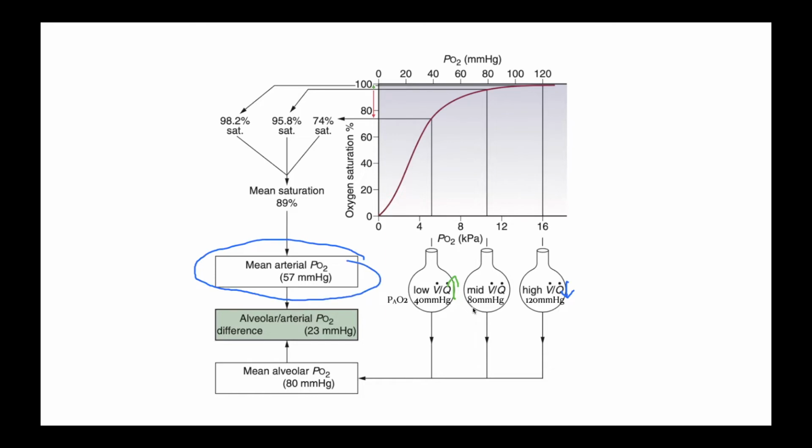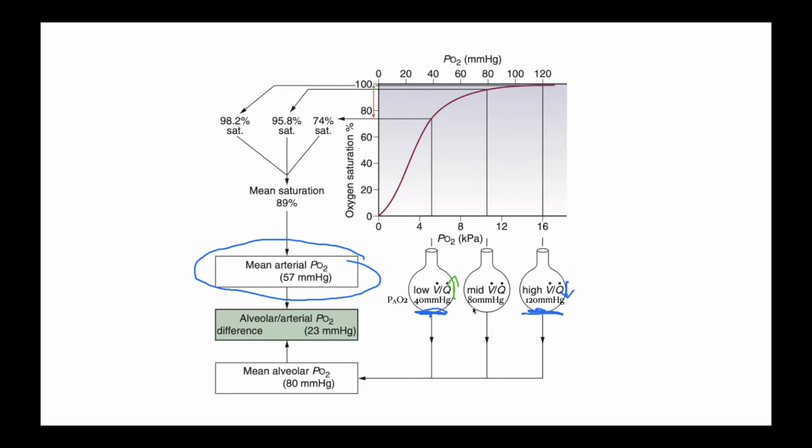Now, the second thing I talked about was where they sit on the hemoglobin oxygen dissociation curve. So what you'll note is that with low VQ units, they have an alveolar oxygen, and these are just some arbitrary numbers, let's say around 40 millimeters of mercury, whereas the high VQ units will tend to have a much higher alveolar oxygen of 120 millimeters of mercury.